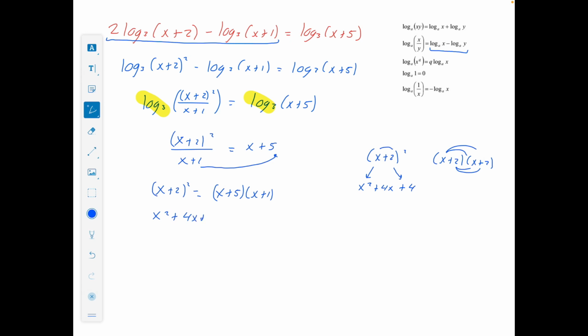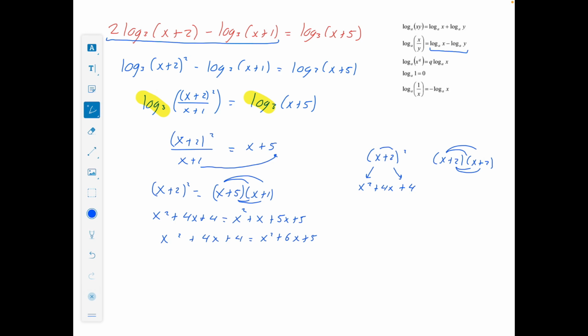So instead of (x+2)², it's x² + 4x + 4 is equal to x² + x + 5x + 5, which will be x² + 4x + 4 is equal to x² + 6x + 5.